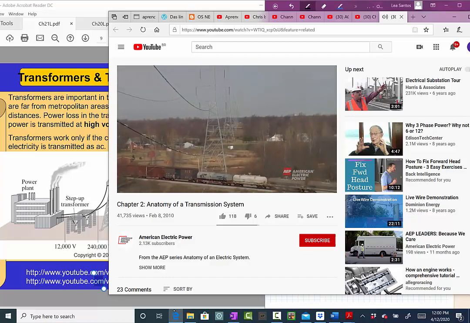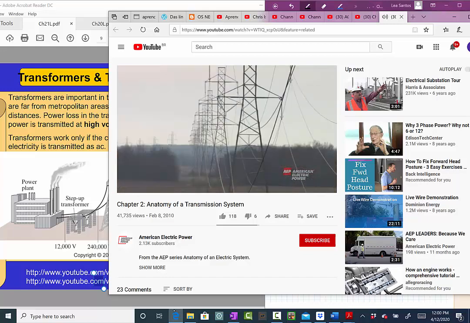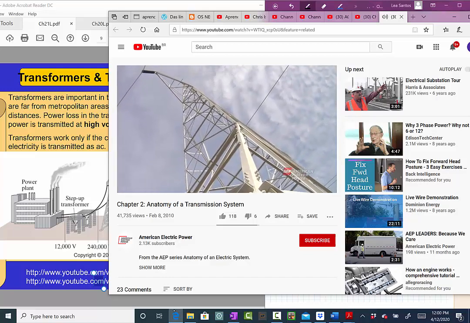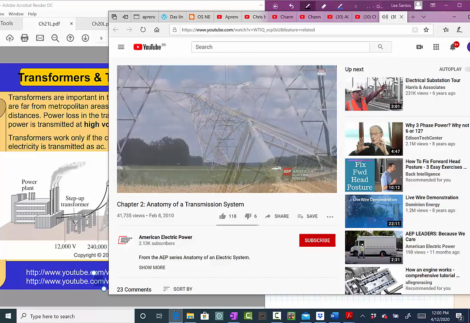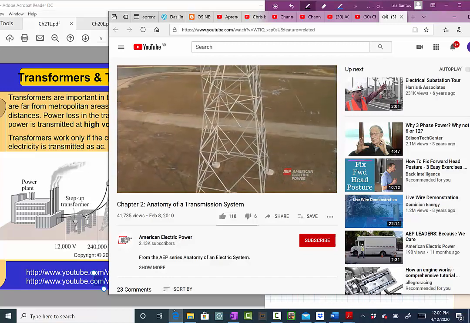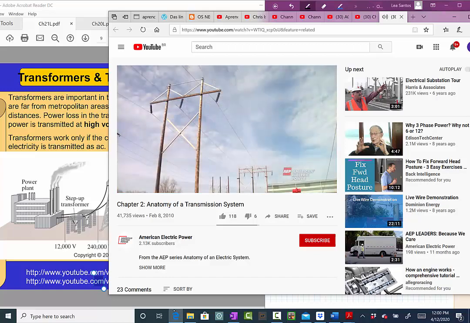From the power plant, transmission lines carry electricity long distances from city to city or from state to state. And these lines are held up and linked together by transmission towers, which are the big structures you have probably seen along the highways. These towers are usually about 100 feet tall and can be made of either metal or wood.